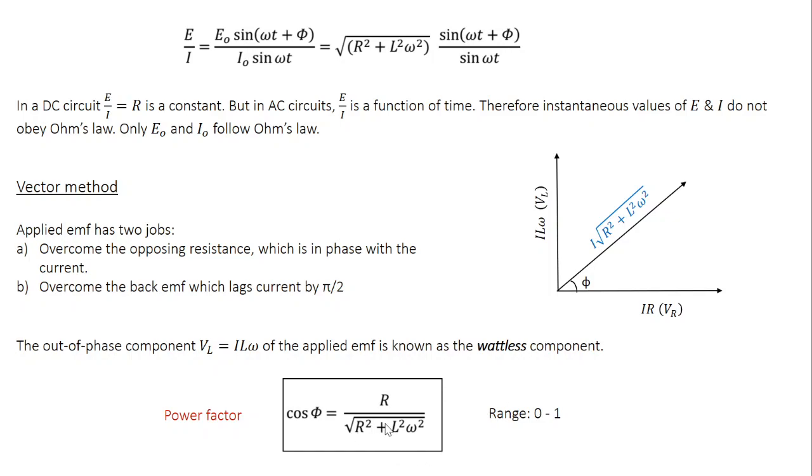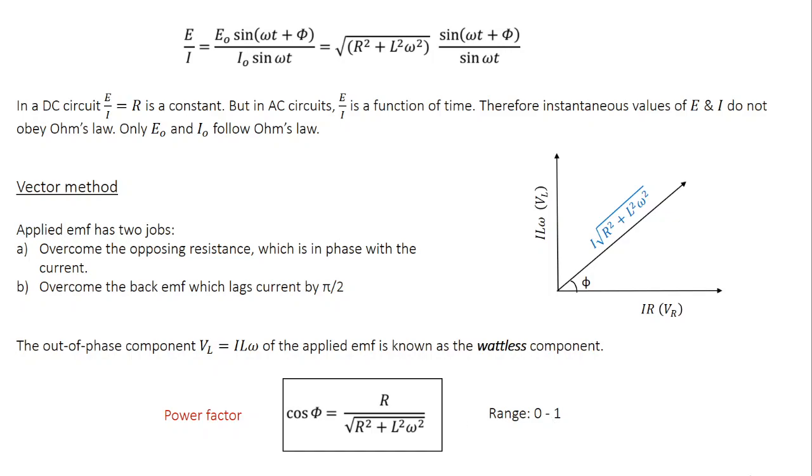Similarly, you can never construct a circuit with infinite resistance, right? If you want to make the resistance infinity, you need to break the circuit. There is an air gap that gives you an infinite resistance. But the moment you break the circuit, it is functionless, right? So for any working circuit, the power factor is going to be between 0 and 1. So that's about the analysis of an LR circuit.